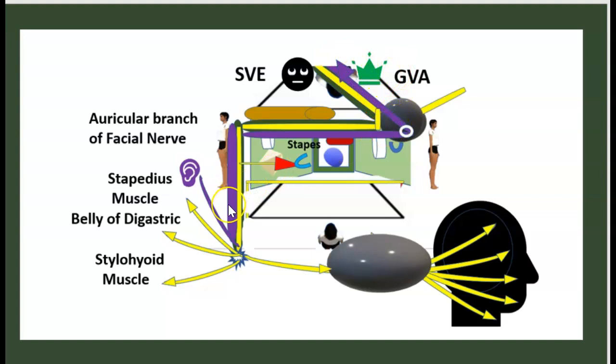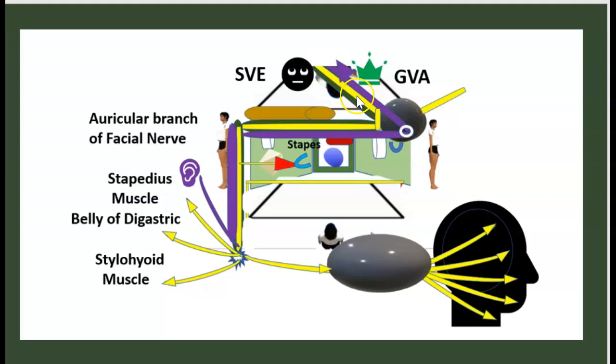Fiber of touch, pain, and temperature going to the ear. This GVA fiber of touch, pain, and temperature has its cell body in the geniculate ganglion.